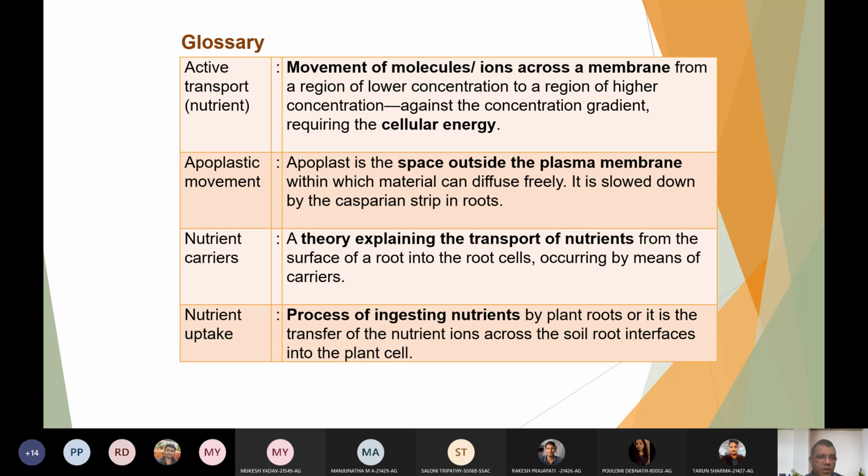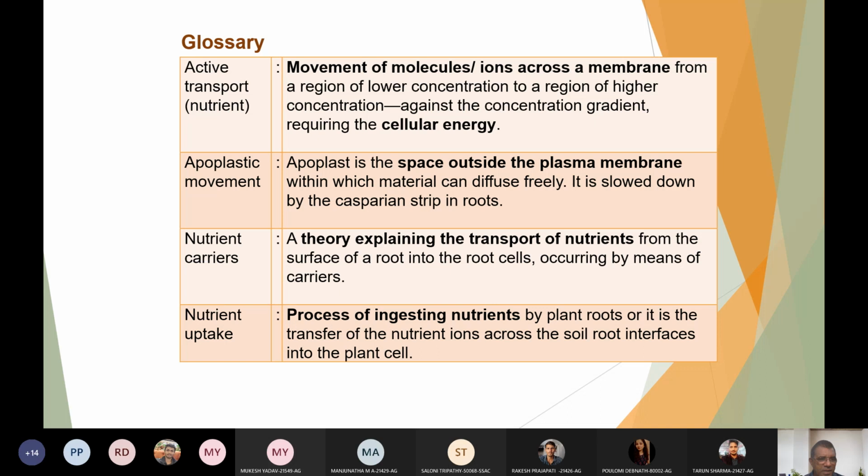It is slowed down by the Casparian strip in roots. If you remember the structure of the root or the cross section of the root, you have different kinds of cells like cuticle, epidermis, hypodermis, endodermis, cortex. I just forgot all these. You can see the cross section of a root, then you will find such structures.